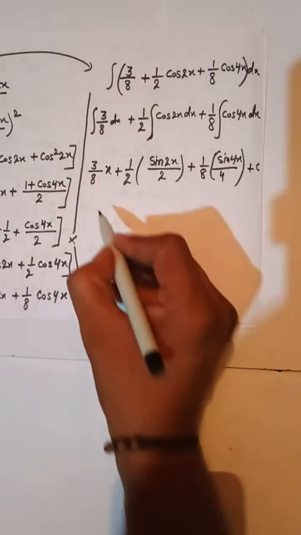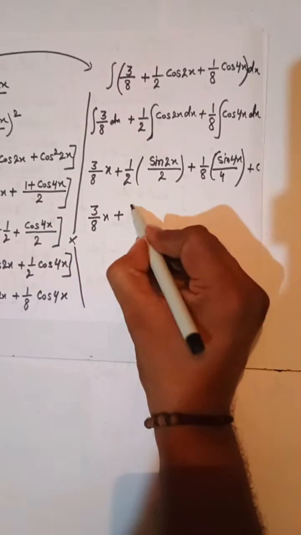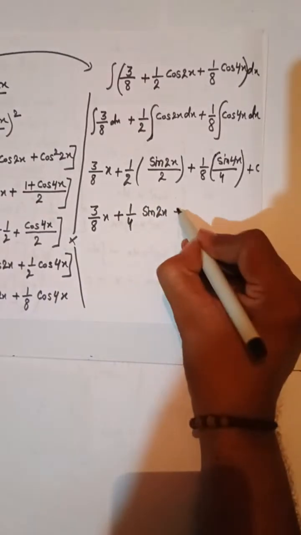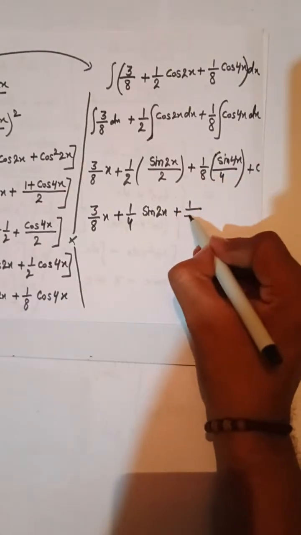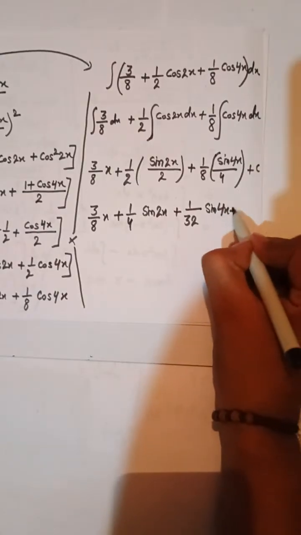So we have 3 by 8 x plus 1 by 4 sin 2x plus, here we have 8 into 4, which is 32, and then sin 4x plus c.